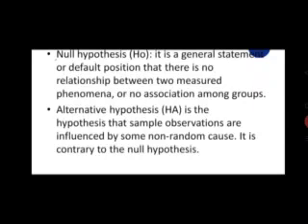And the alternate hypothesis is HA or H1, is the hypothesis that sample observations are influenced by some non-random cause. It is contrary to the null hypothesis. It is opposite to the null hypothesis because it shows that there is some relationship between both variables. For example, if we increase the incentive of workers, then their motivation level will be increased.